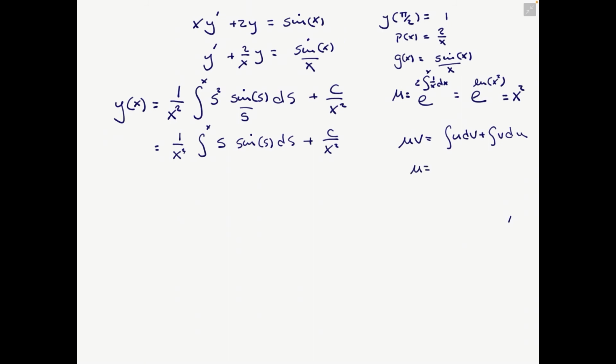So let's choose u equals s, du equals ds, v equals, let's say, cos s, dv equals minus sine s ds.